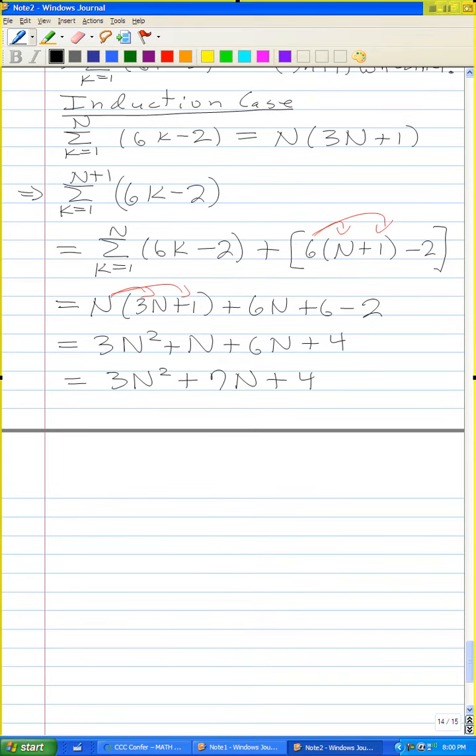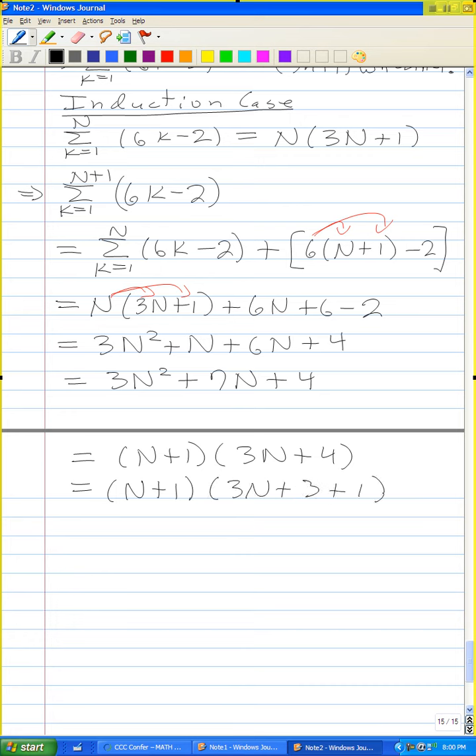So I can factor. This factors into n plus 1 times 3n plus 4. So you get 3n squared plus 4n plus 3n is 7n plus 4. Let me write this as n plus 1 times 3n plus 3 plus 1.